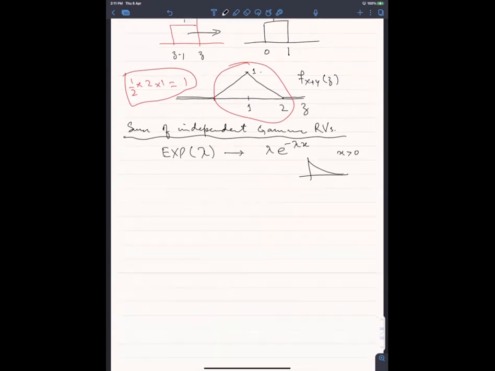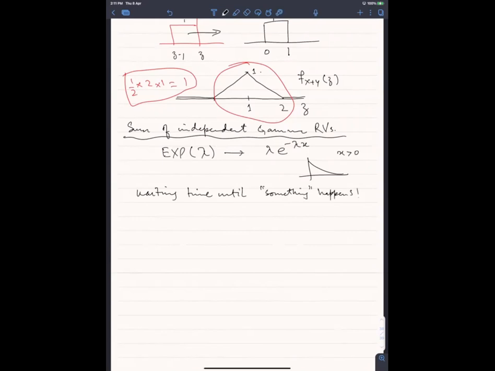We said that the exponential distribution is generally the waiting time until something happens. Many things can be modeled this way. And what is that something? That is an event of interest.